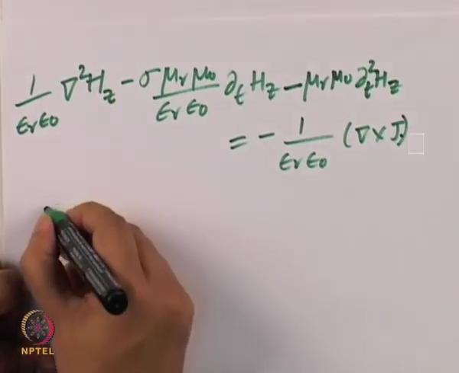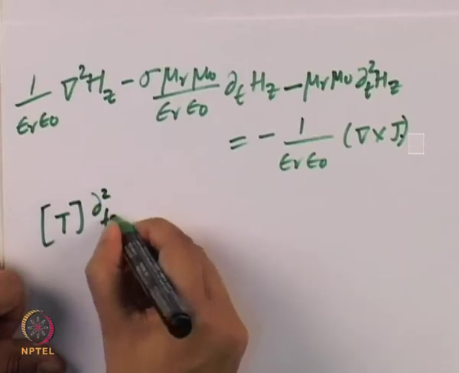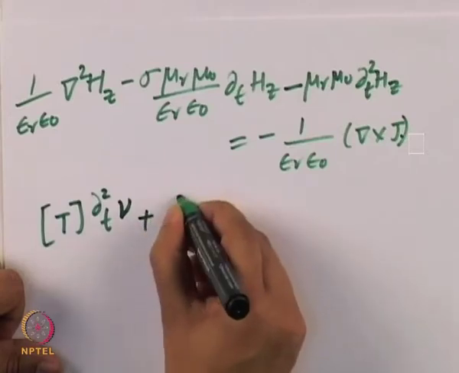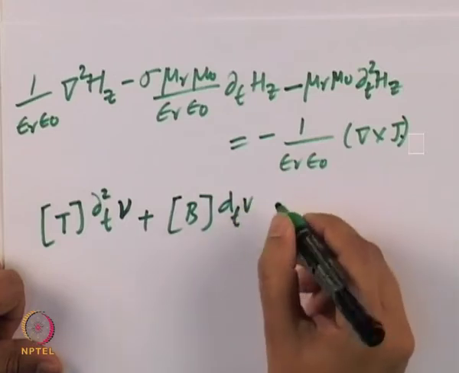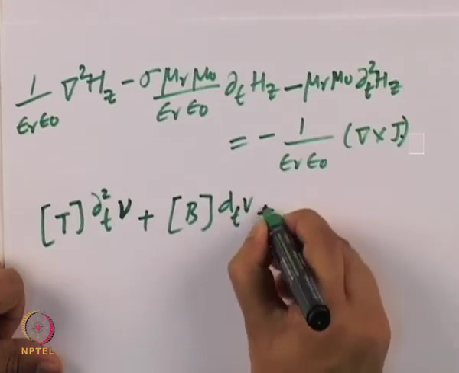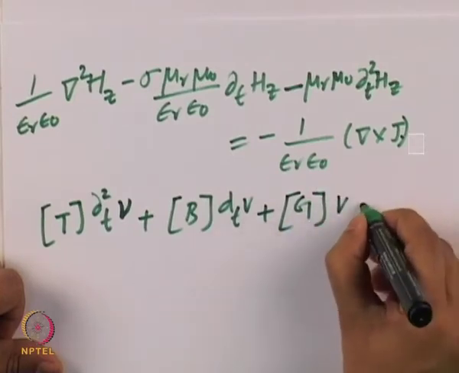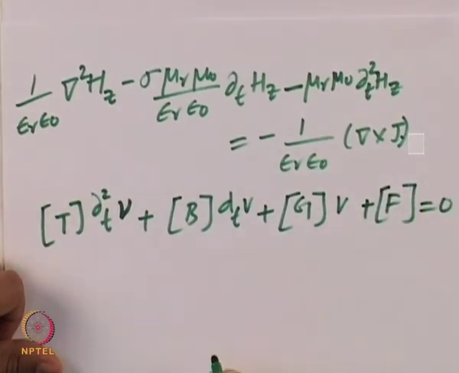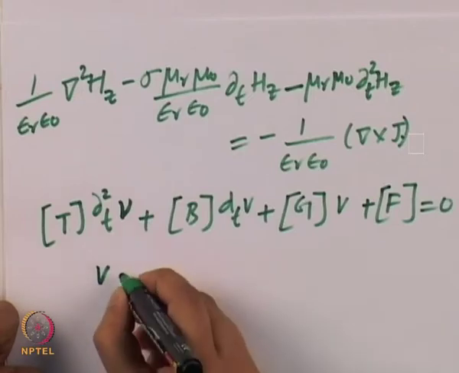So I can write it as some T matrix multiplied by the second order derivative of V, plus some B matrix multiplied by the first order derivative of V with respect to t, plus some G matrix into V itself, plus some forcing function F equal to 0. This entire expression can be written in this form where V is some coefficient vector.